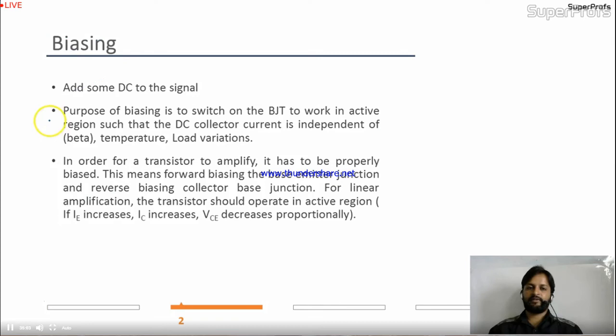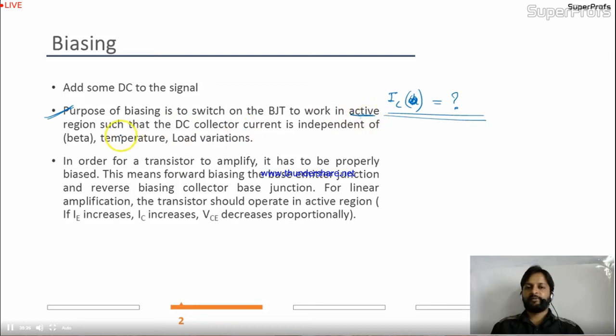The purpose in active region is to maintain the collector current constant. Later we'll illustrate this point. So the purpose of biasing is to switch on the BJT to work in an active region.